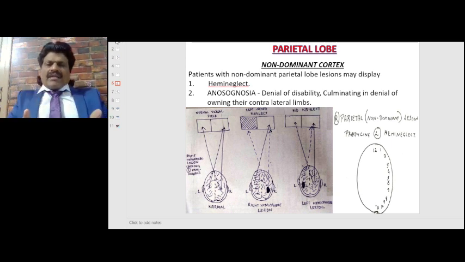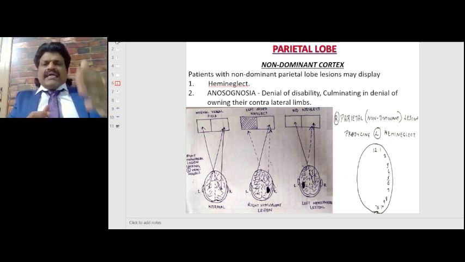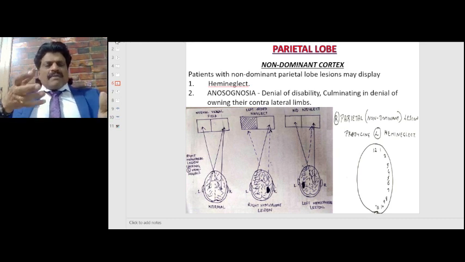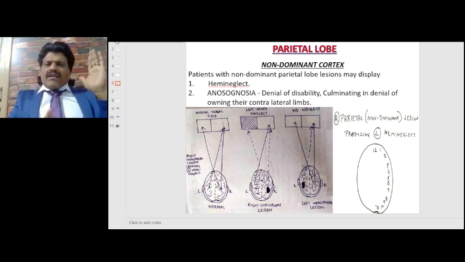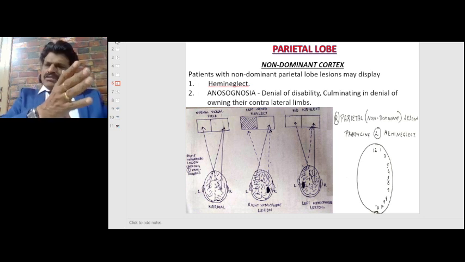On the contrary, if the right parietal lobe is affected, both the right and the left extrapersonal space are affected, but the right extrapersonal space is compensated by the intact left parietal lobe. There is no compensation for the left extrapersonal space, and therefore the right parietal lobe or non-dominant cortex produces left hemi neglect. Very important.